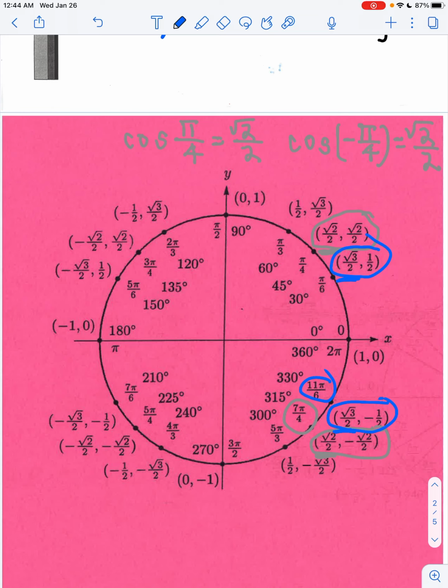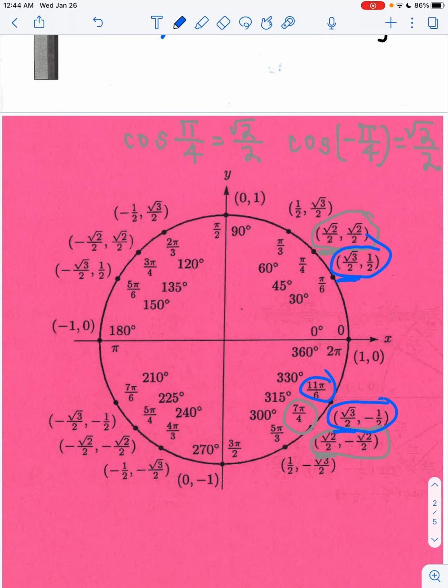So as a result, when you take the cosine of an angle, any angle, and then the cosine of the opposite of that angle, rotating the other direction, you are going to be symmetric with respect to the x-axis, and as a result, those ordered pairs are going to have x-coordinates that have the same sign, and therefore are the same.